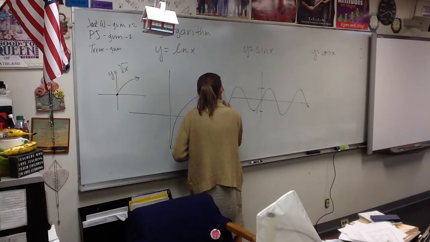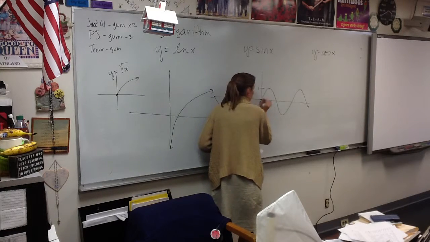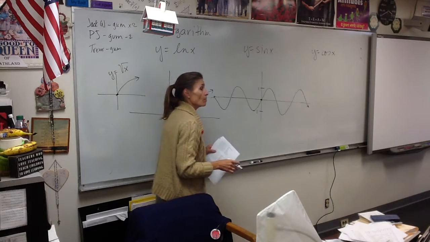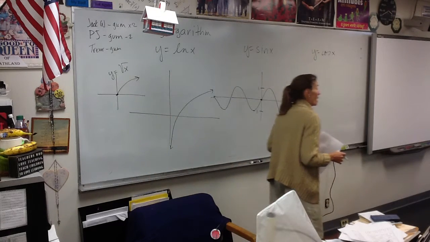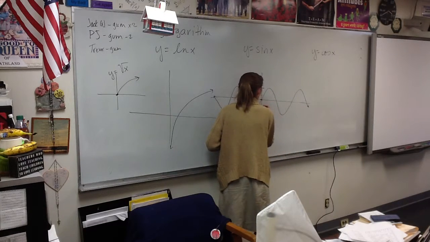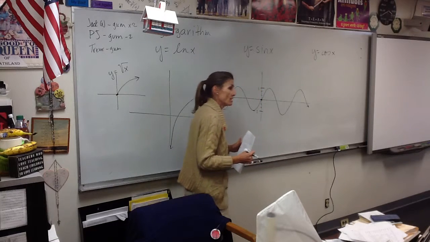Notice, where did I start drawing? Right here at the origin. We have to keep it within the 1. Yes, keep it within the ones, but give it a little space to see it oscillating. It has to stay between the ones.